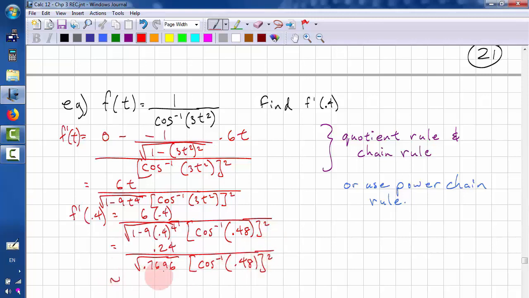Okay, and if you want to punch it in on your calculator, you're going to get an approximate value 2.39. Check the question on the test to see if it's asking for an exact answer or an approximation.